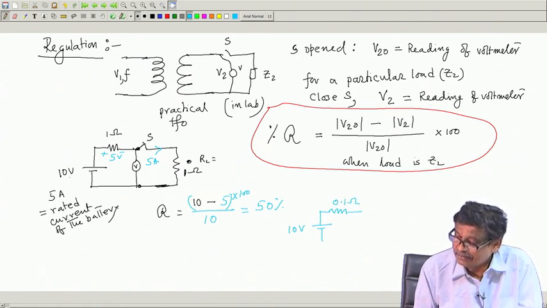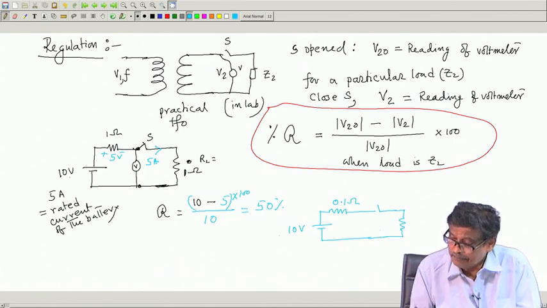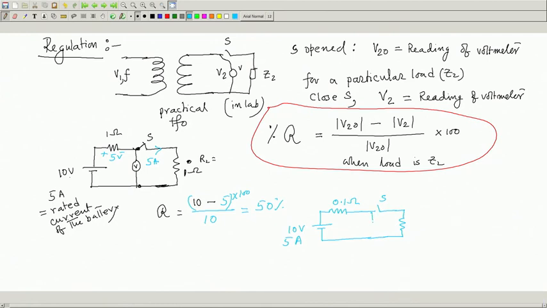Are you getting? And here I will connect load, the same battery can supply 5 ampere current, internal resistance is small. Then what will be the voltmeter reading here?